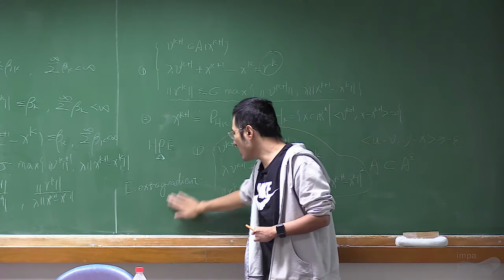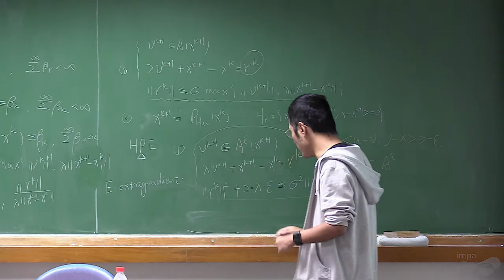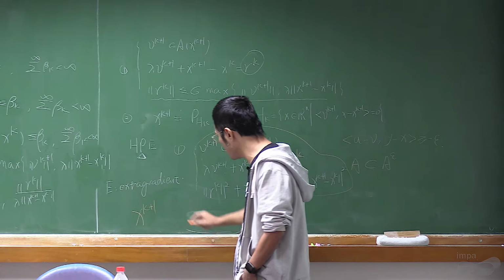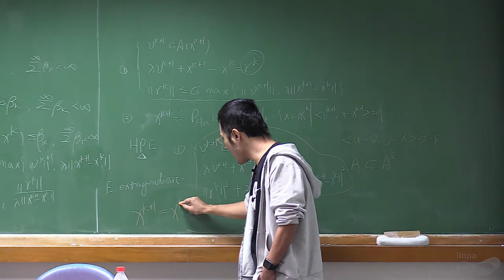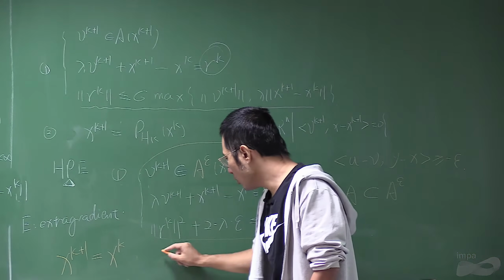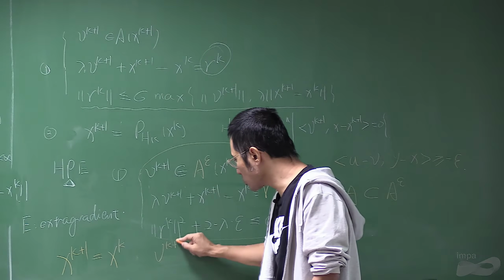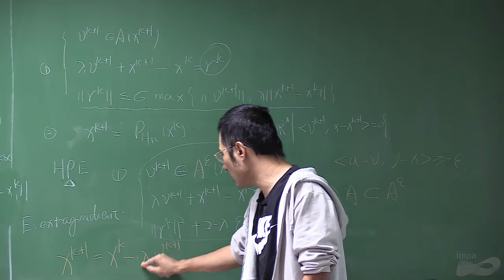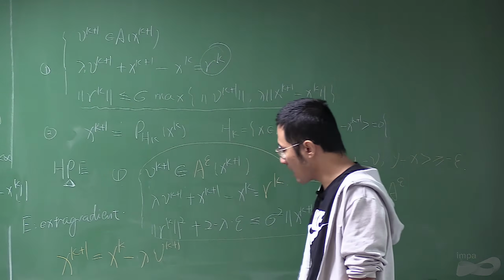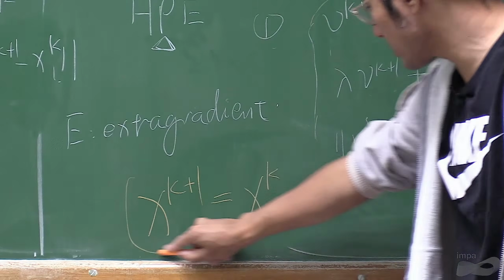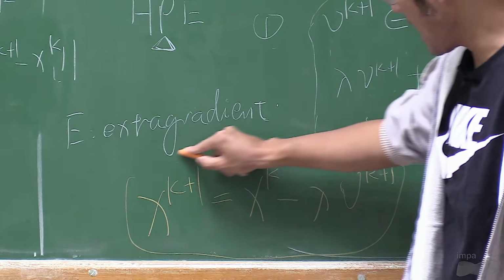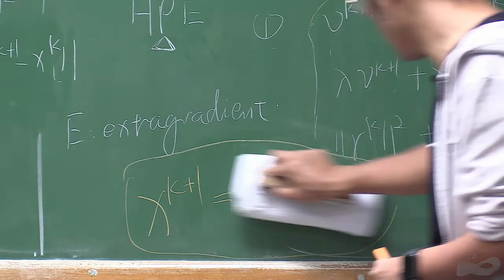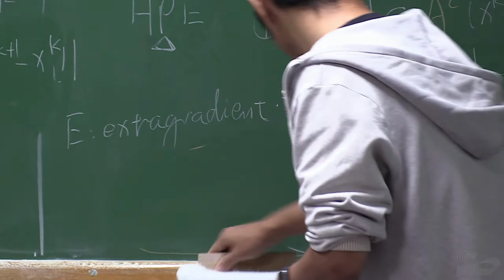But instead of using the projection, we can use the extra gradient step, which means from the last point xk, we know vk plus 1 is a good direction. So we can subtract lambda times vk plus 1. This is what we call the extra gradient step. Oh, it looks a little messy here.